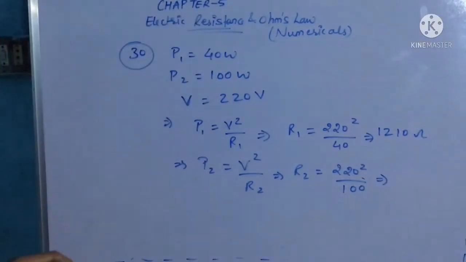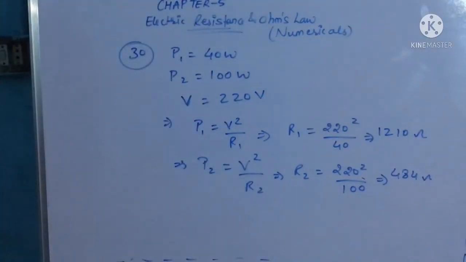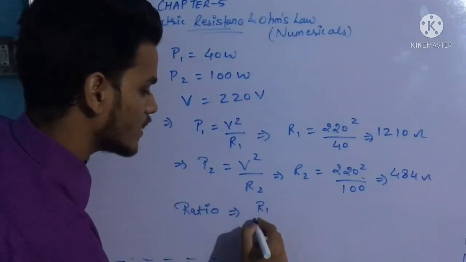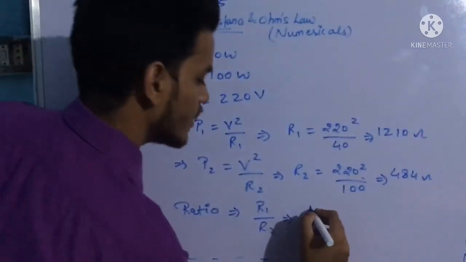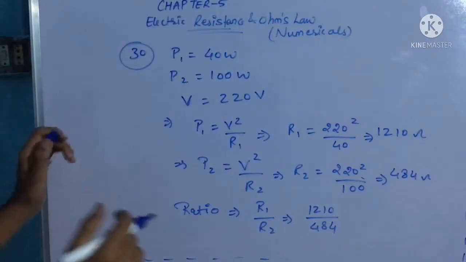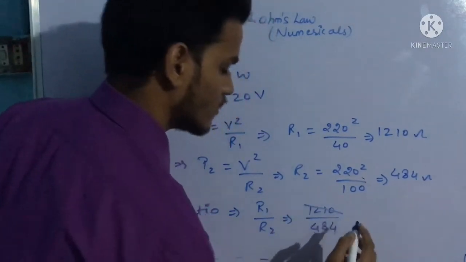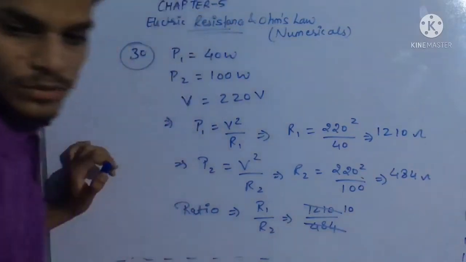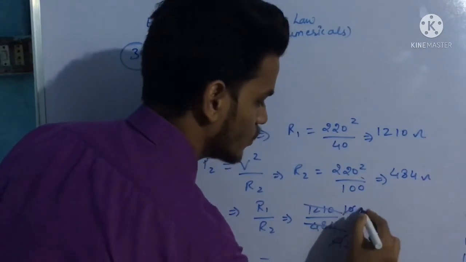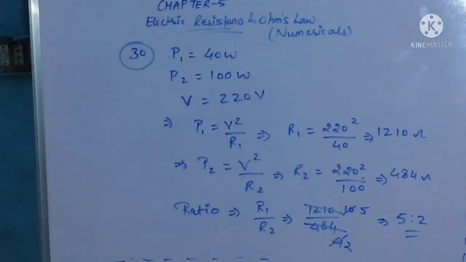Putting the values, we get 484 ohm. Now we have to find the ratio. The ratio of resistance will be R1 upon R2, which is 1210 upon 484. Cutting by 121, we get 10 and 4. Now cutting by 2, we get 5 and 2. So the ratio we get here is 5:2.